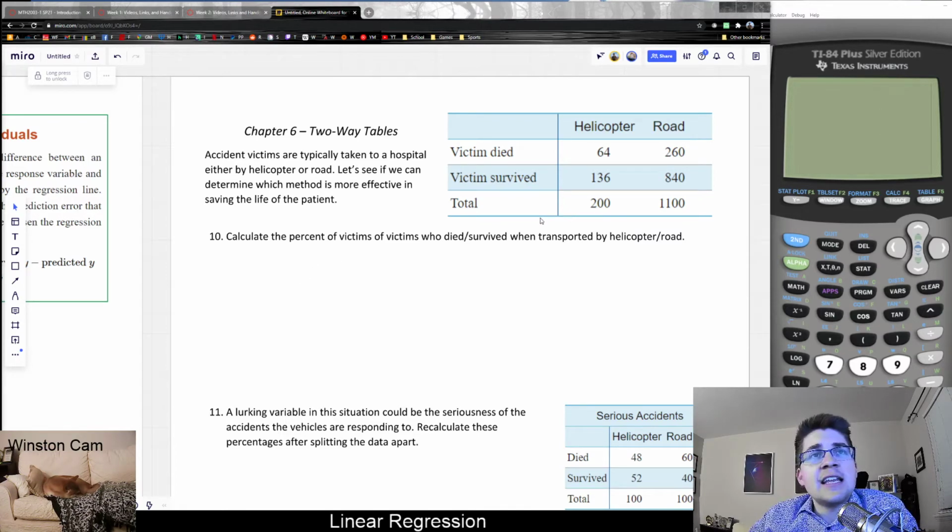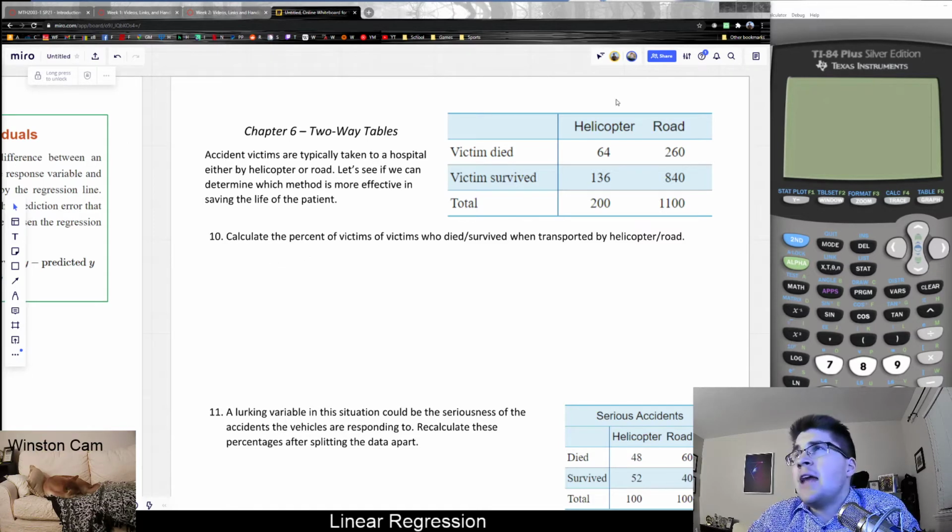The data in this example gives us statistics on how well accident victims survive when they're transported to the hospital via helicopter versus via ambulance, or by road. Some patients are taken to the hospital in helicopters, certain patients are taken in an ambulance, and we have their data on how well they survive.